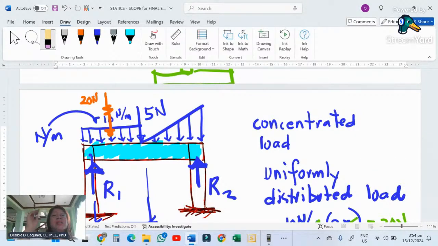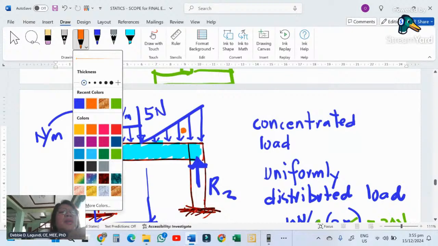So the triangular loading, its CG is at 1/3. You know that from the centroid, center of gravity topic.